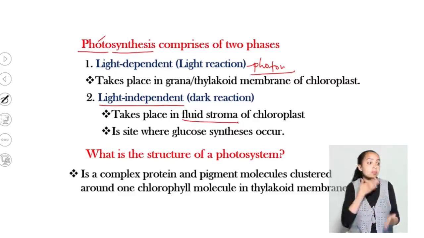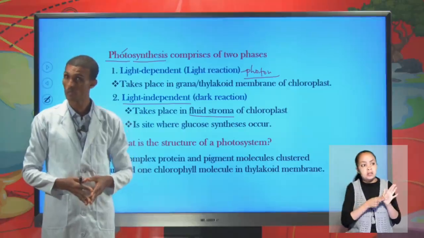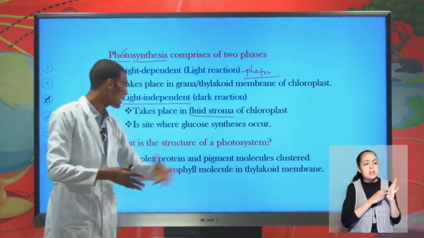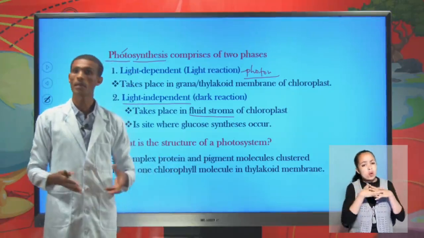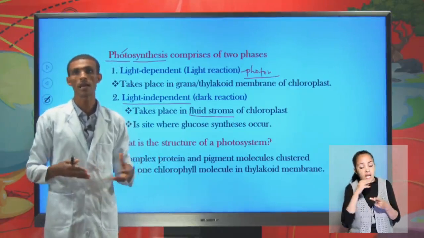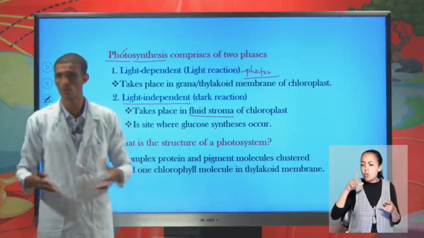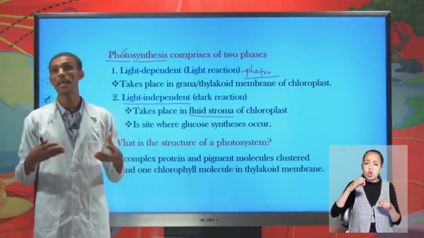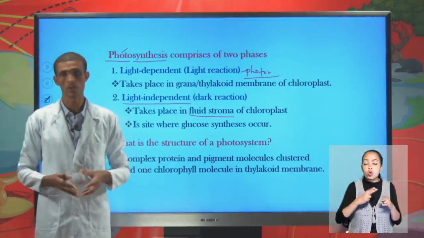Well done. Students, what do you think photosystem means? It is a photochemical unit where a complex of protein and pigment molecules is clustered around one chlorophyll molecule in the thylakoid membrane.